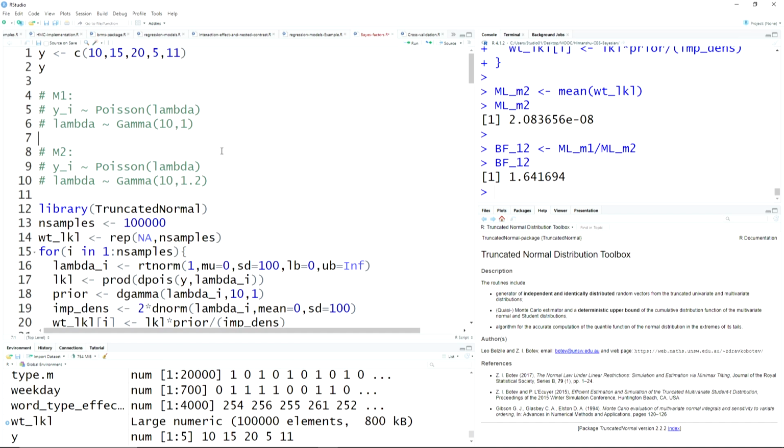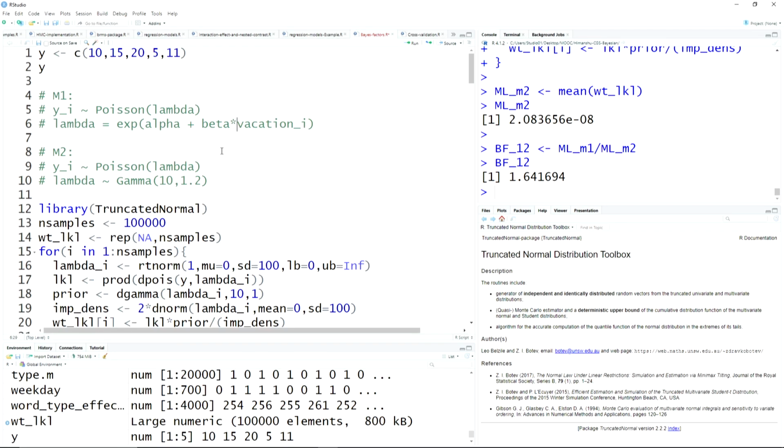So, let us say model 1 assumes that lambda is equal to exponent of alpha plus beta times vacation_i, whether the ith day is a vacation day or not.